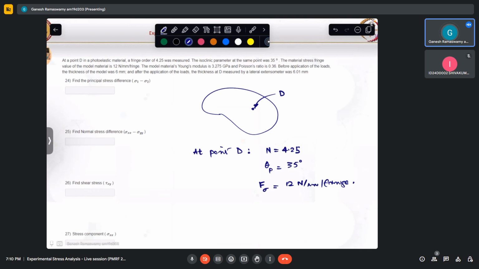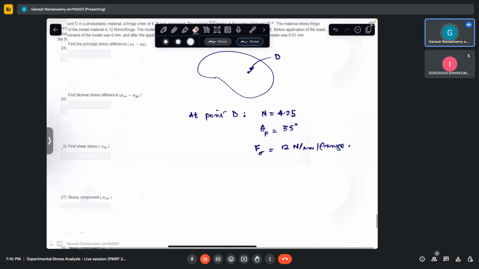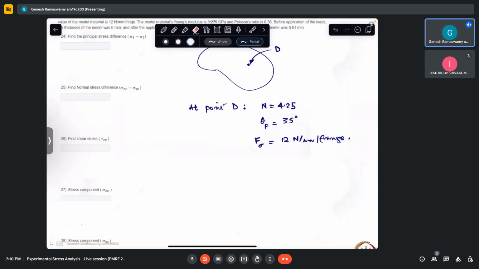For polycarbonates around 8, for polyurethane about 0.3 and so on. Okay. The model material's Young's modulus is 3.275 GPa.